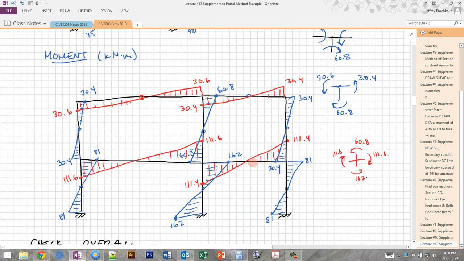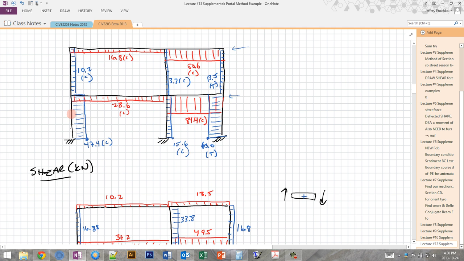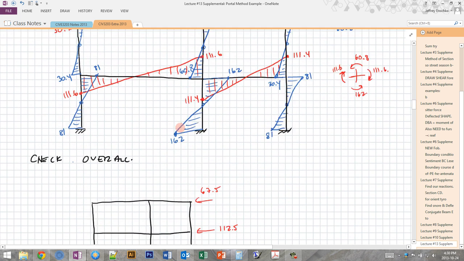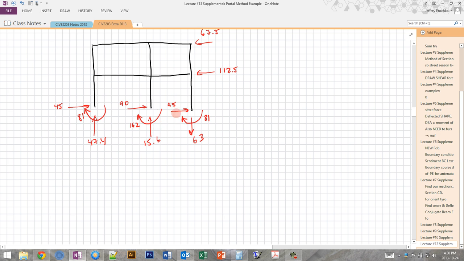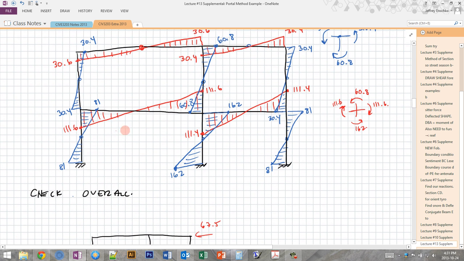So 63, 15.6, and 47.4 are the axial loads, drawn in the correct directions, because these ones are compression, this one is tension. These are our base shears, which were actually assumed at the beginning of the portal method, and these are the moments in the correct directions that we calculated on the moment diagrams here.